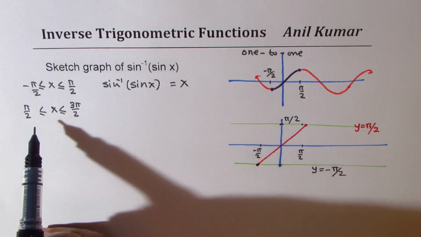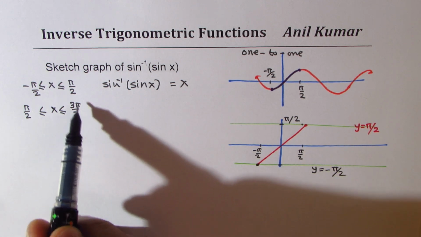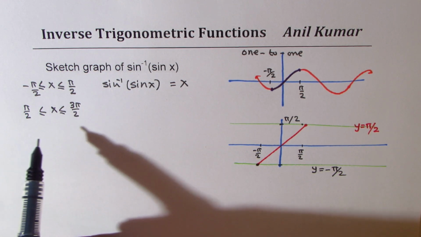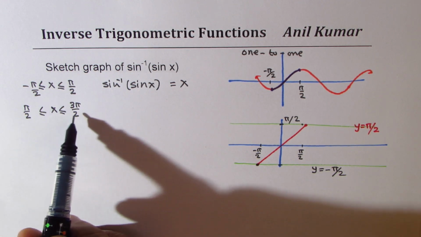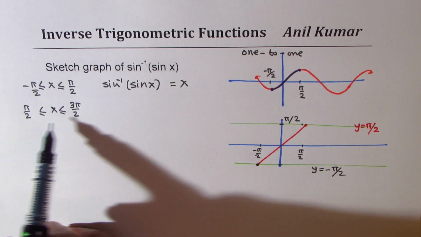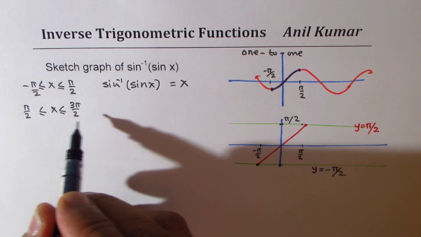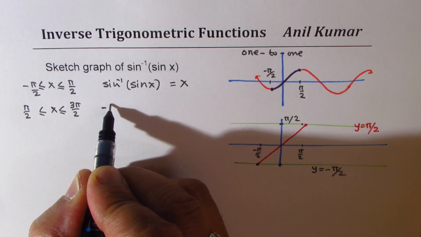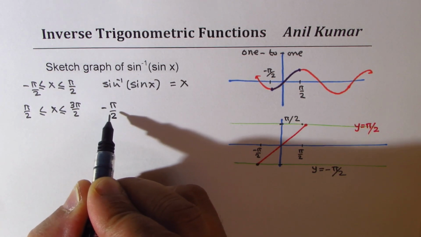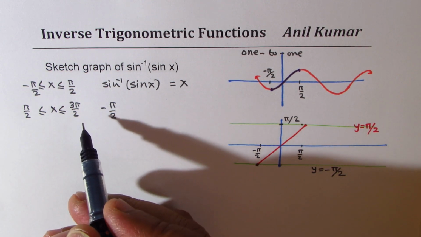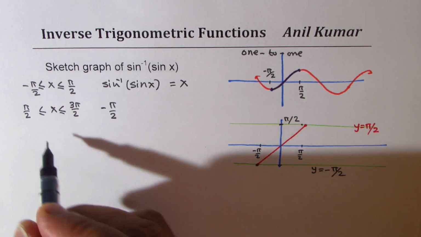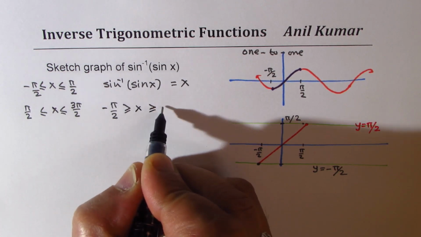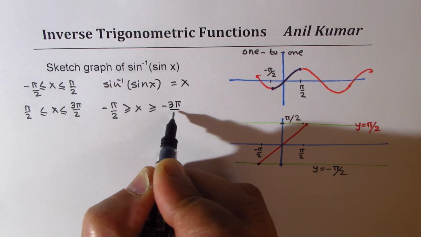To work this out, what we can do here is consider that if I multiply by minus, all these signs will change, right? So if I multiply by negative, it becomes minus pi by 2 and the signs will change, right? Because when you multiply by negative, signs change. Minus 3 pi by 2, correct?